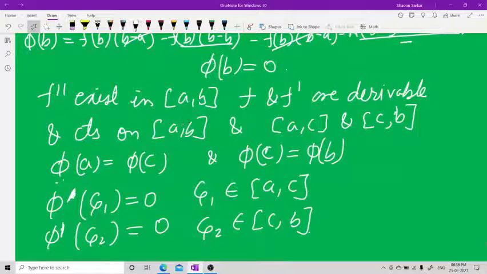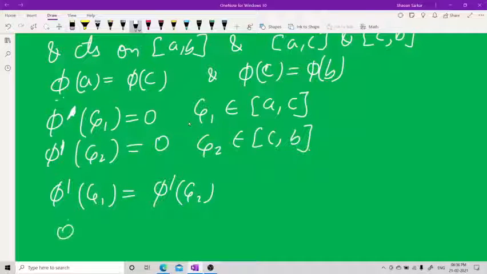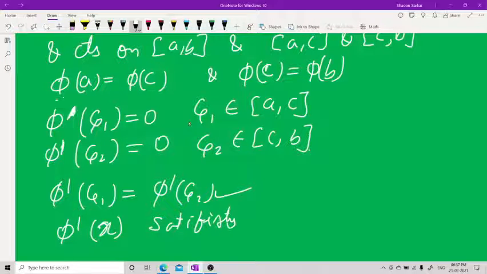Now you see phi dash xi1 is equal to phi dash xi2, and phi dash x itself satisfies all the three conditions of Rolle's theorem.